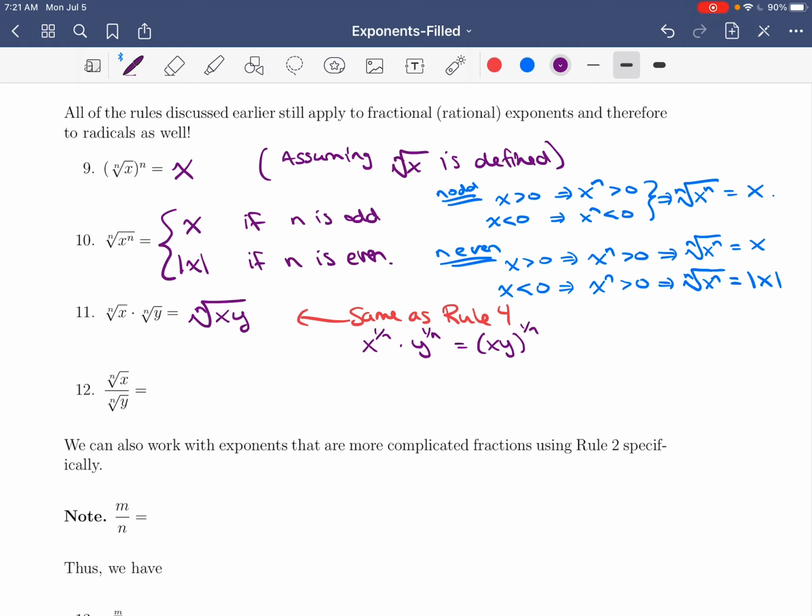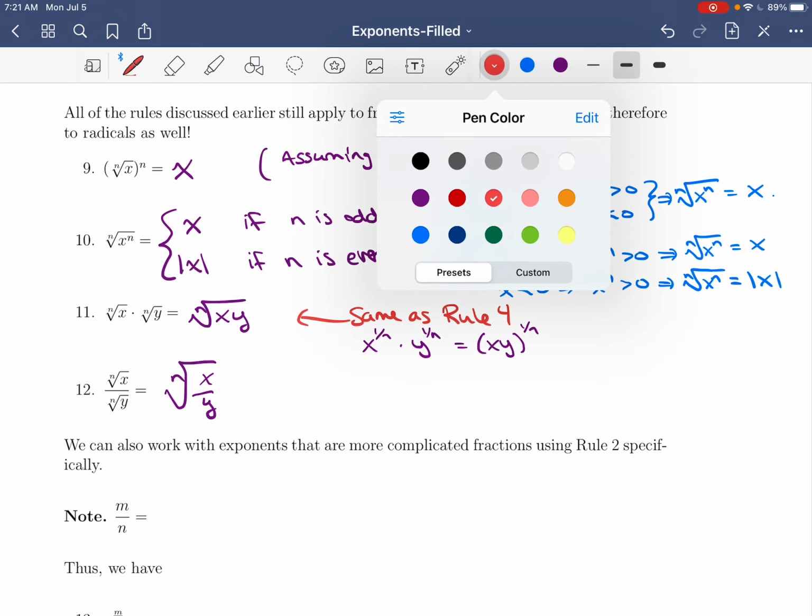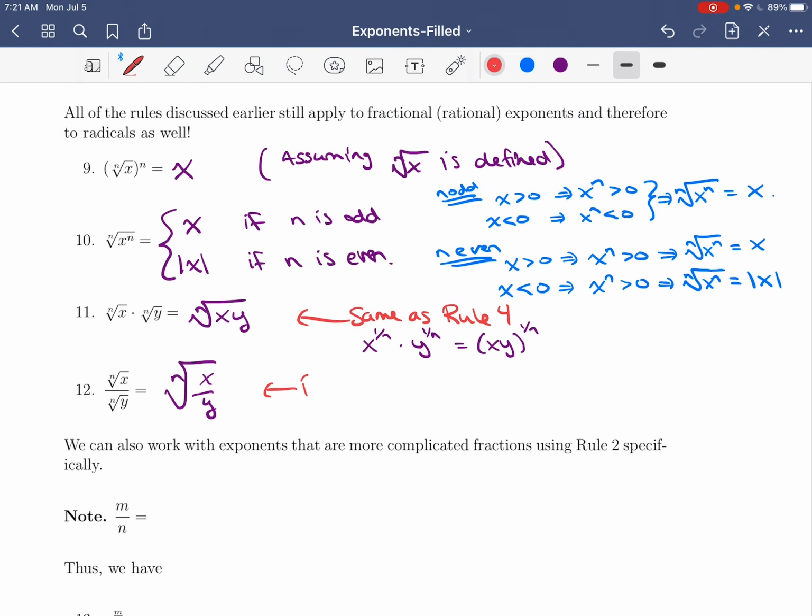Similarly, the nth root of x over the nth root of y, you could write as the nth root of x over y. And that one was rule 5, I think, the same as before.